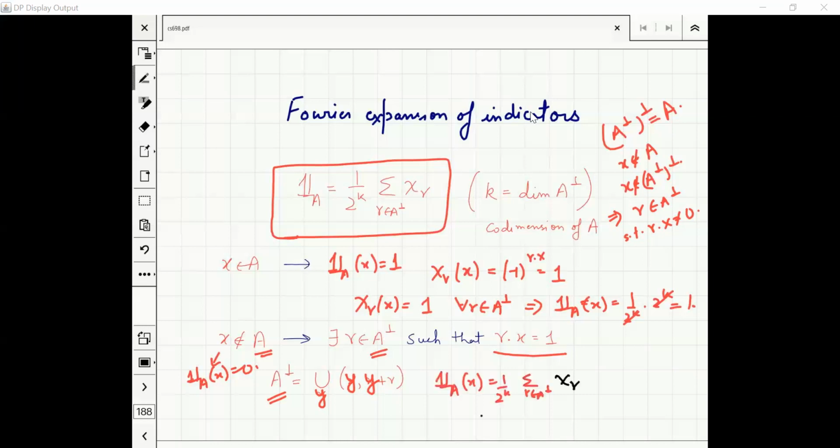I can write this as the sum over pairs of chi y of x plus the sum of chi y plus gamma of x. What do I know about these two things? They will cancel out, because one is minus 1 to the y dot x, and the other is minus 1 to the y dot x plus gamma dot x, so they will have different signs.